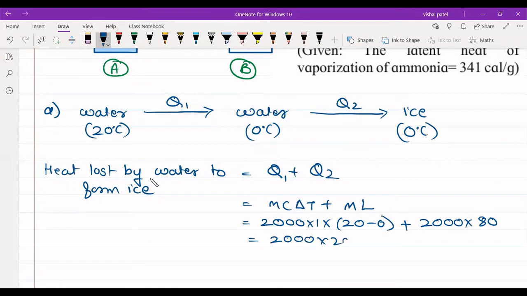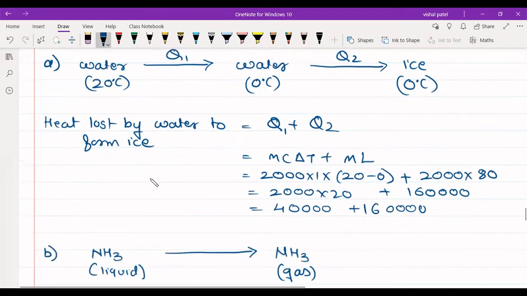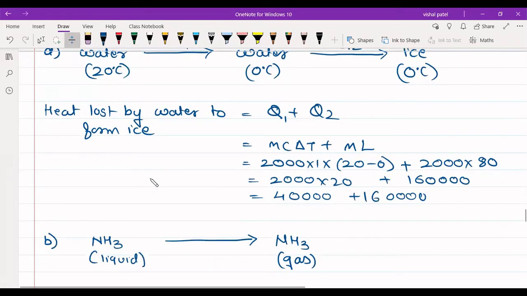Okay, so let us solve this. 2000 into 20 plus 2000 into 80. So what I get is 200,000 calories.